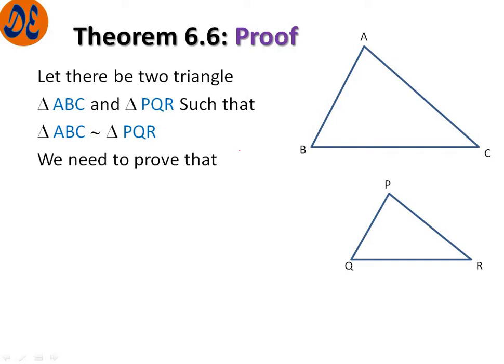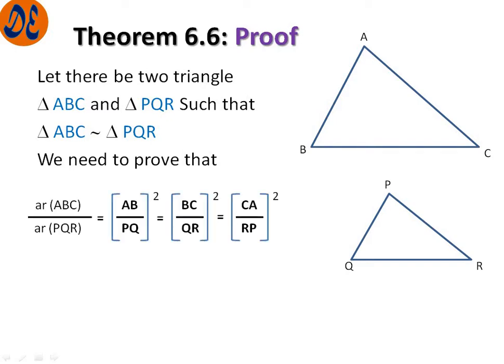Now what we have to prove is that area of ABC divided by area of PQR is equal to the square of AB by PQ, or if we are taking this side, the square of the ratio of that side, or if we are taking the third side, the square of the third side's ratio.